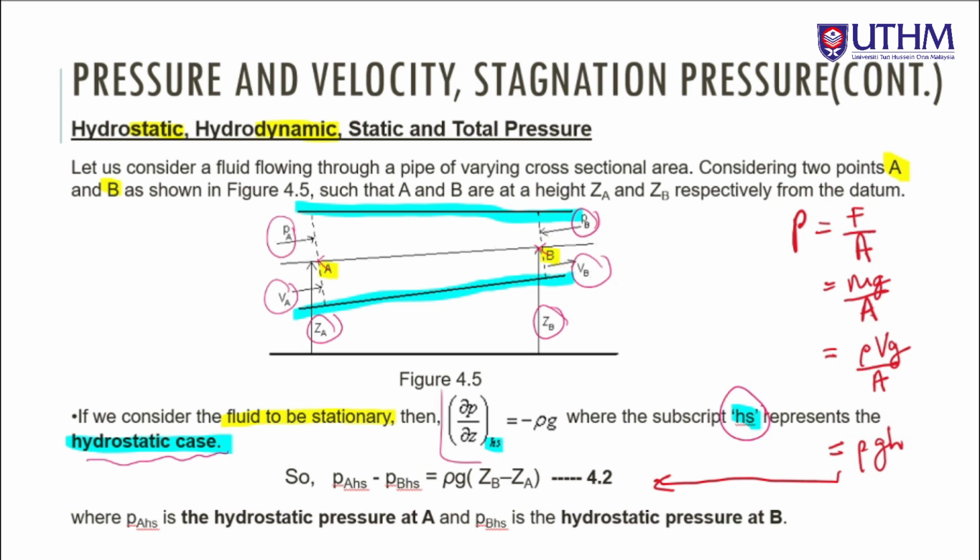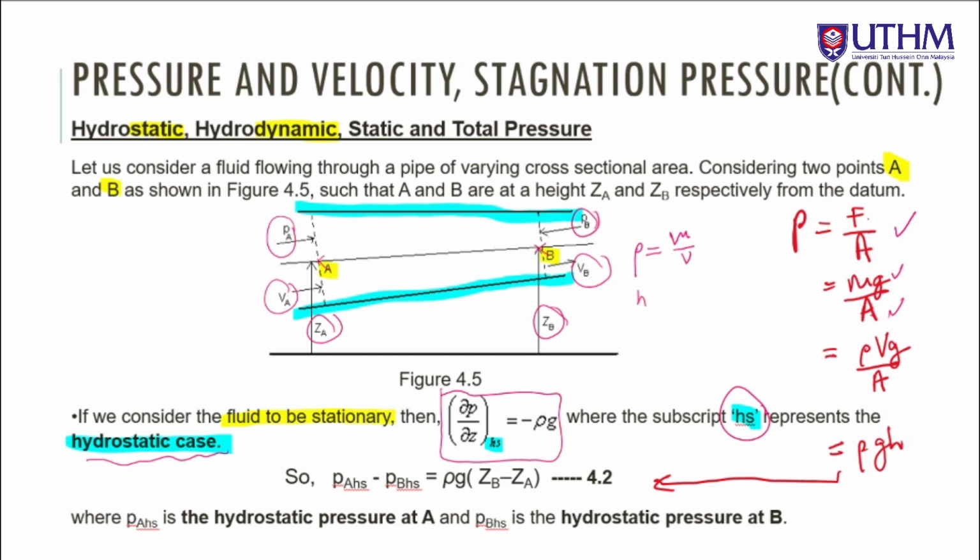So when we say the fluid is stationary, we do not use the Bernoulli equation, we use the original formula. We know pressure equals F over A, and F we represent as mg over A, and we know density equals mass over volume.